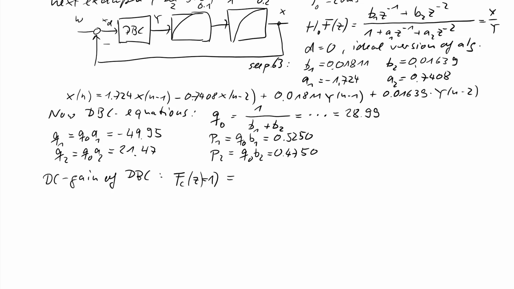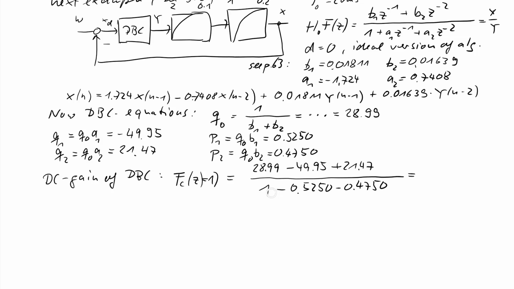Now the DC gain can be written as Q0 times (28.99 minus 49.95 z to the power of minus 1, which is 1, plus 21.47) divided by (1 minus P1 minus P2), which is 1 minus 0.5250 minus 0.4750.